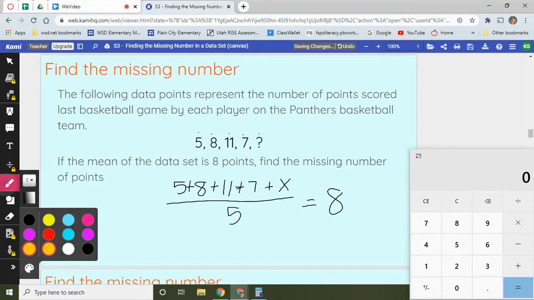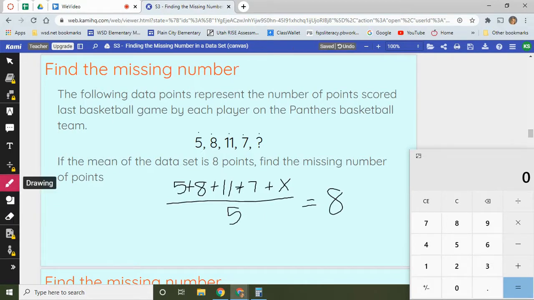So we solve it. How to get rid of a divide by 5? Times by 5, which is 40. Add up my numbers. 5 plus 8 plus 11 plus 7. 31 plus x. Right?